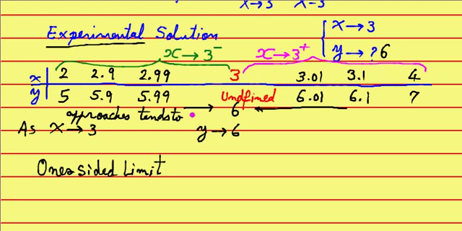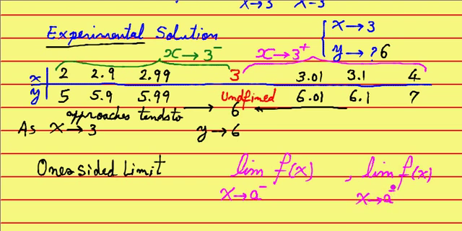The notation for one-sided limits might be like the limit of f of x as x approaches a from below, or from the left, and the other one is the limit of the function f of x as x approaches a from the right, or from the positive side.